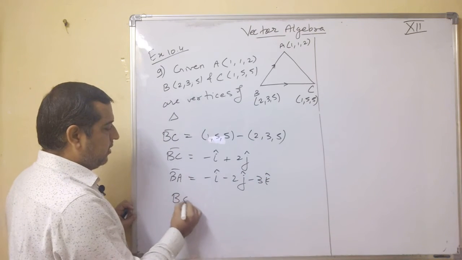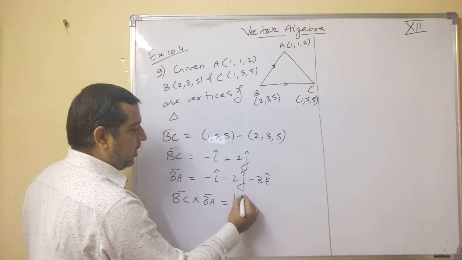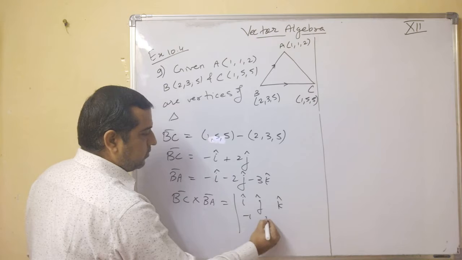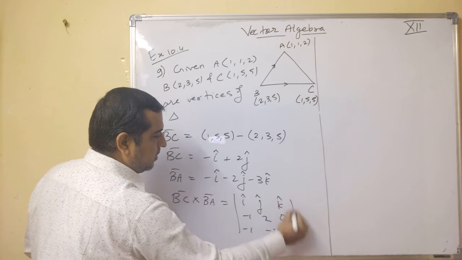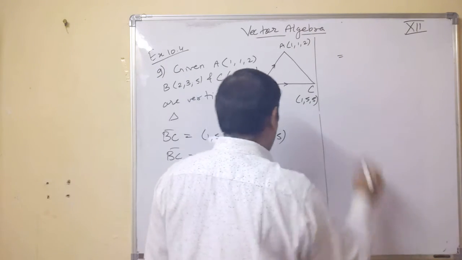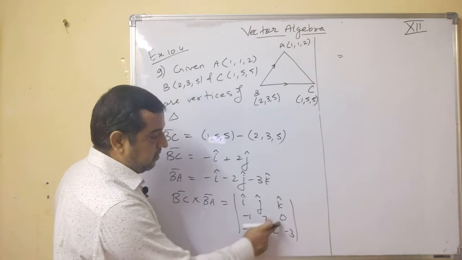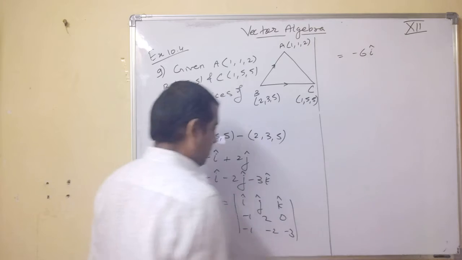Next is to find their cross product. This is the determinant with I J K, minus 1 2 0, minus 1 minus 2 minus 3. Cross product gives I times 2 into minus 3 minus 6, and minus 2 into 0 is 0, so minus 6I.